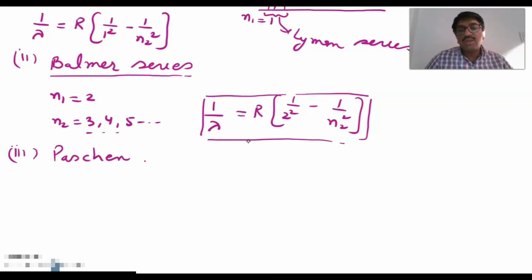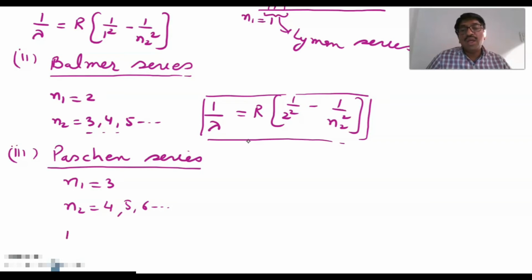Paschen series. For this series, N1 is 3 and N2 starts from greater than 3, means 4, 5, 6, and wave number becomes 1 upon lambda equal to R into 1 upon 3 square minus 1 upon N2 square.